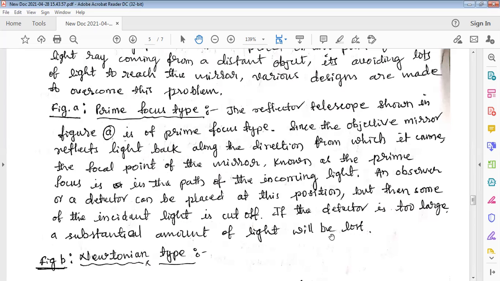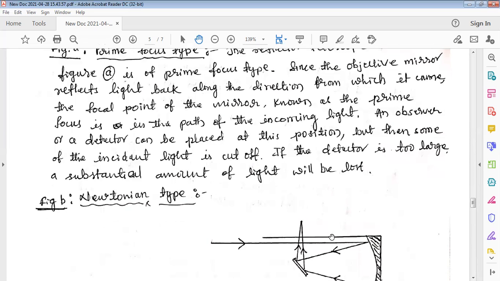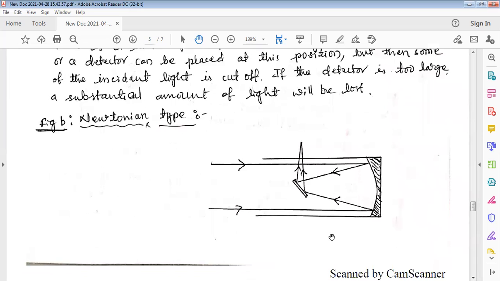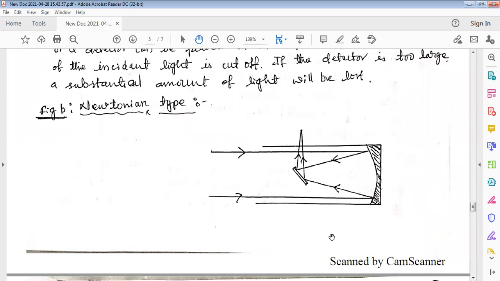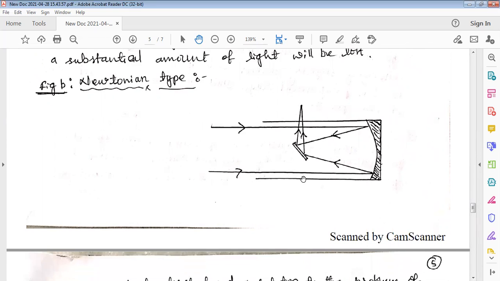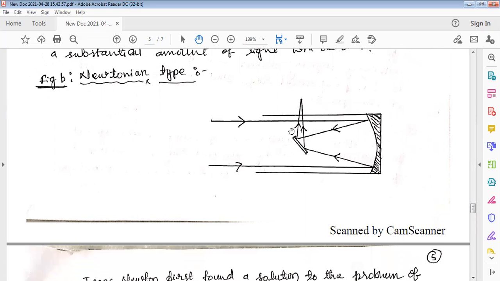People tried to modify the basic structure of the reflecting telescope, and Newton immediately tried to modify it. This is his design.